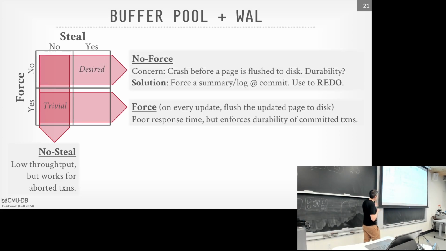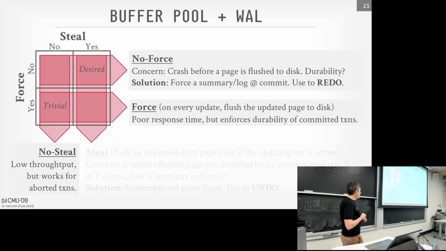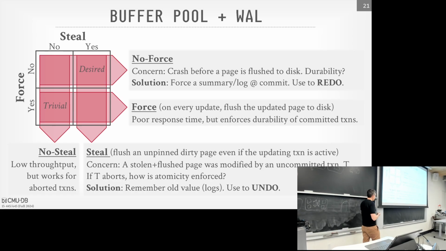And in this case, no-force would be great for us because if the system crashes before things are written out, we have to be able to redo the changes, and we'll handle that with the write-ahead log. And steal allows us to flush out dirty pages even if a transaction that's updating them is still active, because we can reclaim that memory for other transactions that are running. So we want to hit the top right quadrant here.